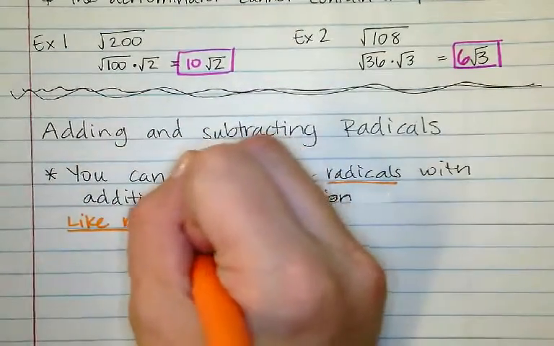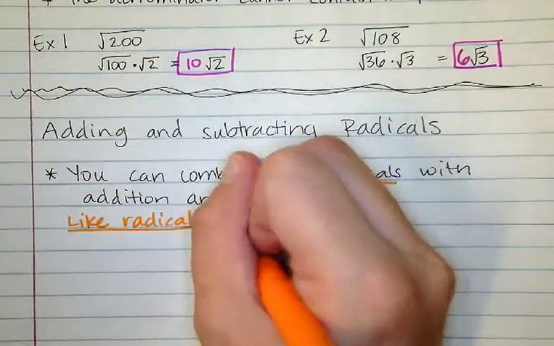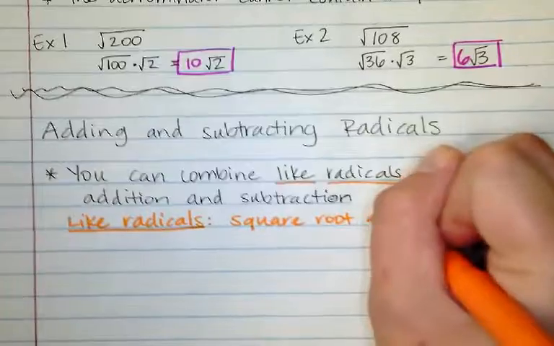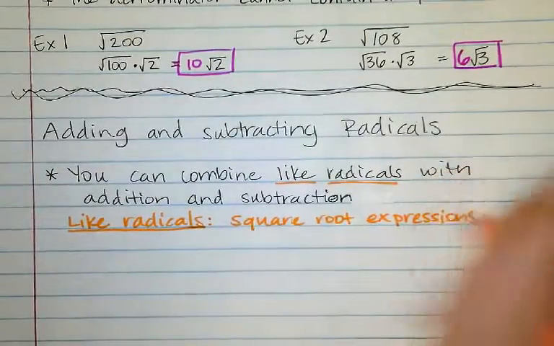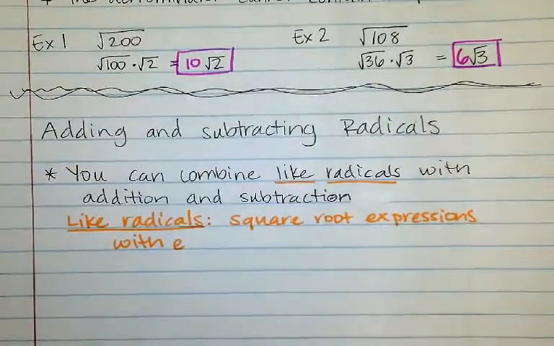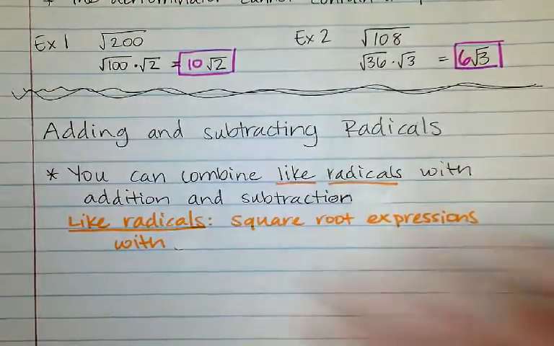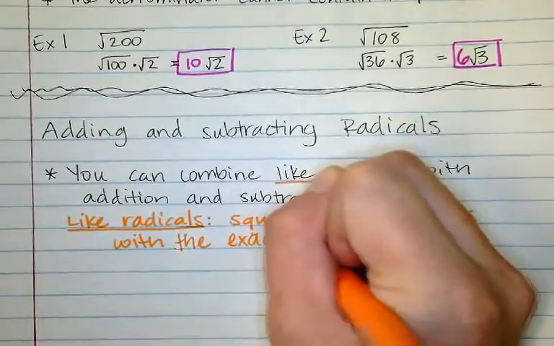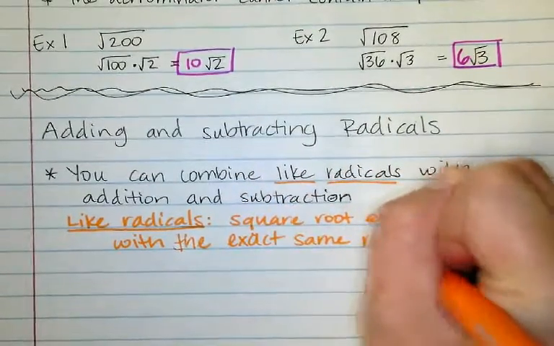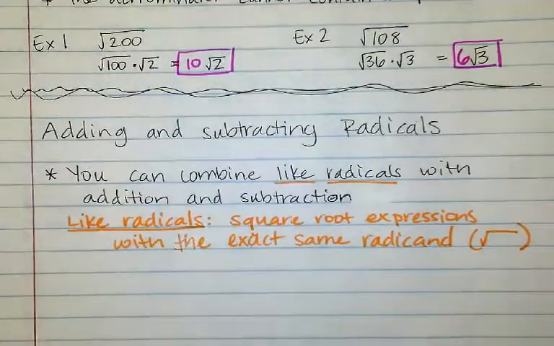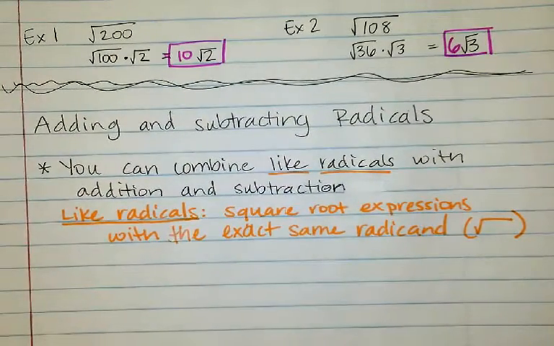Like radicals are square root expressions with the exact same radicand. Basically, the thing under the radical is exactly the same. So like radicals are square root expressions with the exact same radicand.